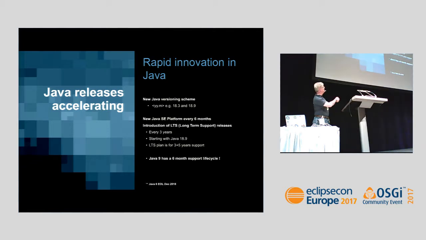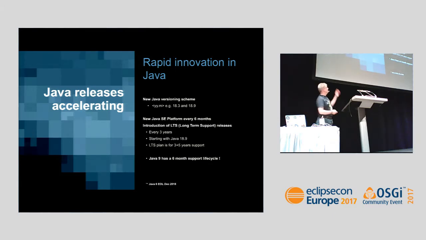Okay, so next March, the next release of Java is going to be called 18.3. So it's 2018, third month. That's what that one is going to be. And then in September, there will be another release, and that's 18.9. Okay, so the releases for Java, it's Java 9, and then it will be 18.3 and 18.9.